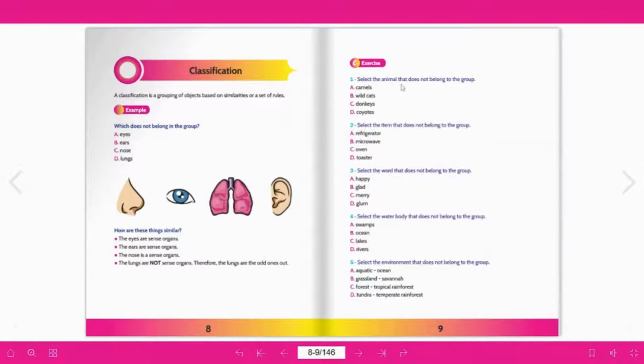It says, select the animal that does not belong to the group. You have camels, wildcats, donkeys, coyotes. Now, you're looking for the similarity. What's the similarity between camels, wildcats, donkeys, coyotes? Can you find it? All right, let me help you out. If you look at camels, wildcats, and coyotes, you'll notice that these are animals that can survive in the desert.